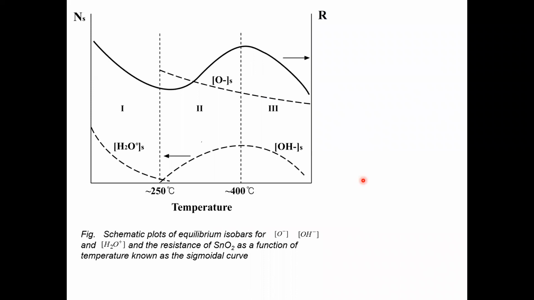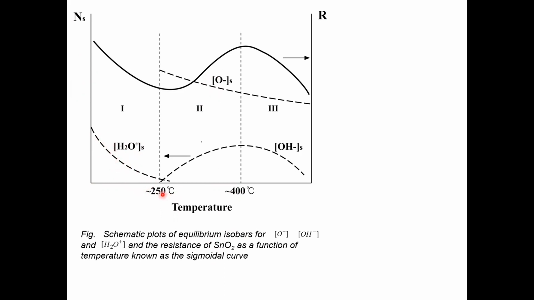So let's take an example of absorption of various molecules on the surface of tin dioxide. You're looking at coverage again of this type of species on the surface as a function of temperature. So you can see that at low temperature, physisorption of water dominates.